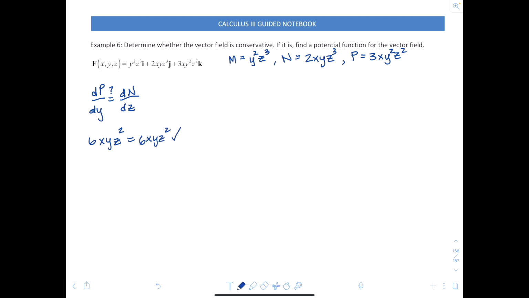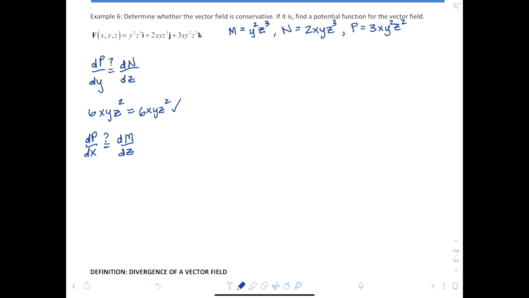Check. All right, so then is dP/dx equal to dM/dz? Well, dP/dx is going to be 3y squared z squared, and dM/dz will be 3y squared z squared. Looking good so far. Check.